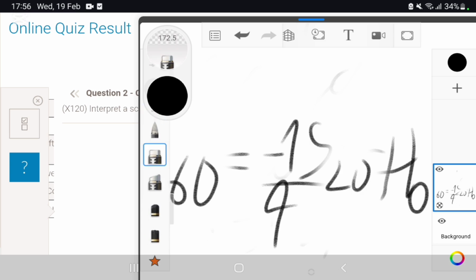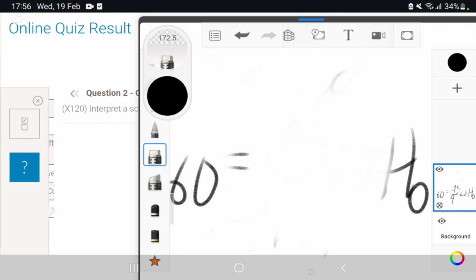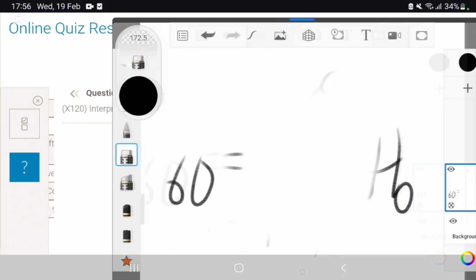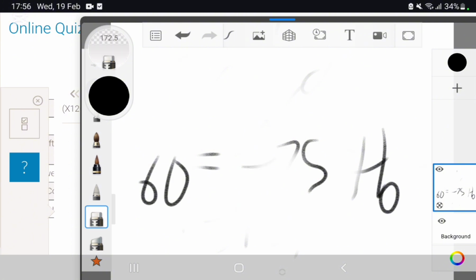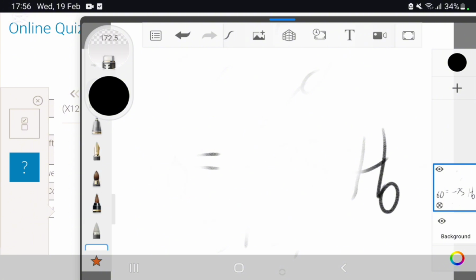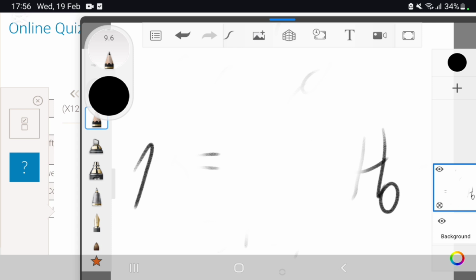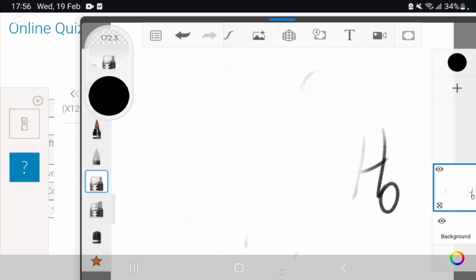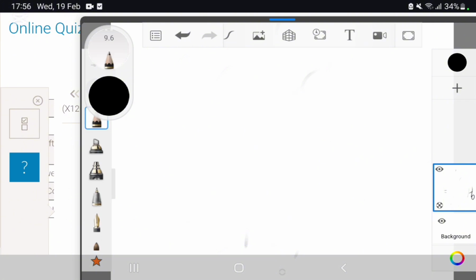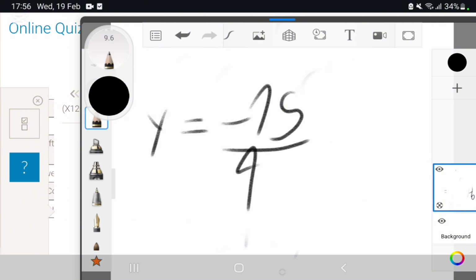Okay, so now after simplifying, we get negative 15 over 4 times 20 is equal to negative 75, plus b, and then we take negative 75 to the other side, and we get that 135 is equal to b. Okay, but we're not done. We have the equation of the line: y is equal to negative 15 over 4 x plus 135.